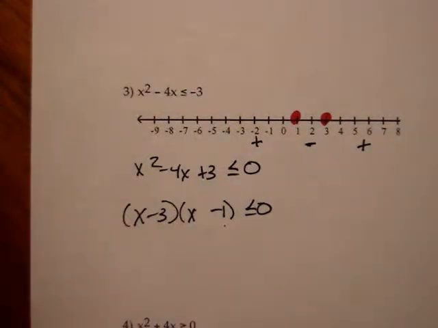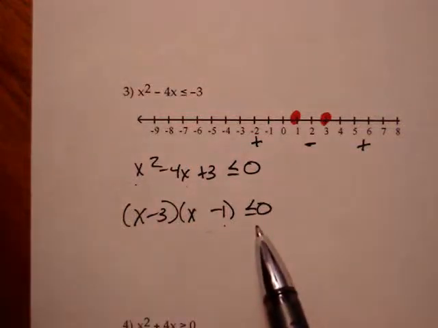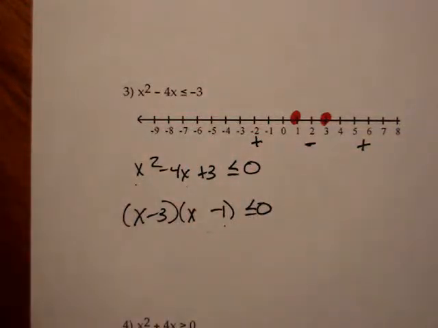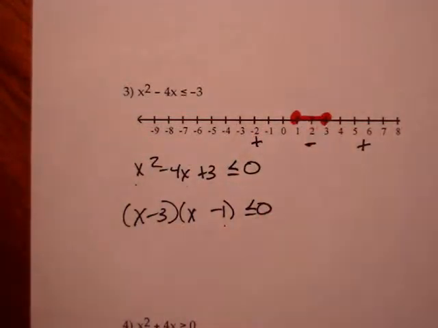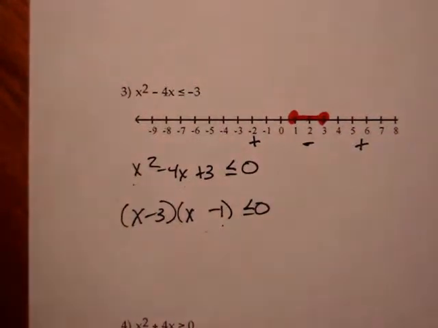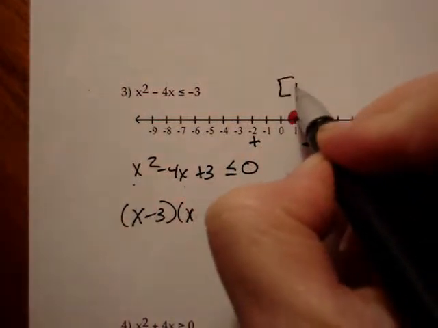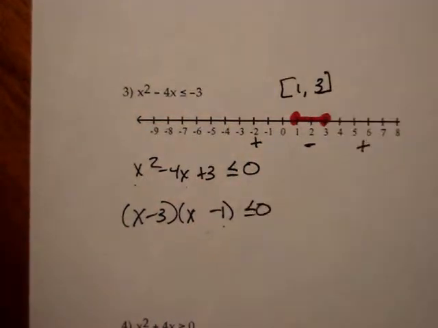And remember, we could figure that out very quickly if we imagined what the graph of x squared minus 4x plus 3 looked like. Okay. This time, I'm looking for the parts that are less than or equal to 0, or negative. So that's the middle interval. And the interval notation for that would look like bracket 1 to 3 bracket.